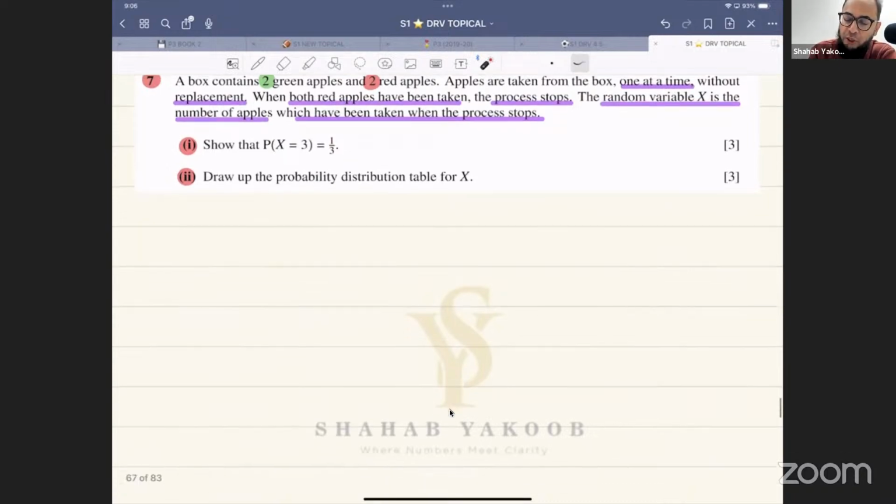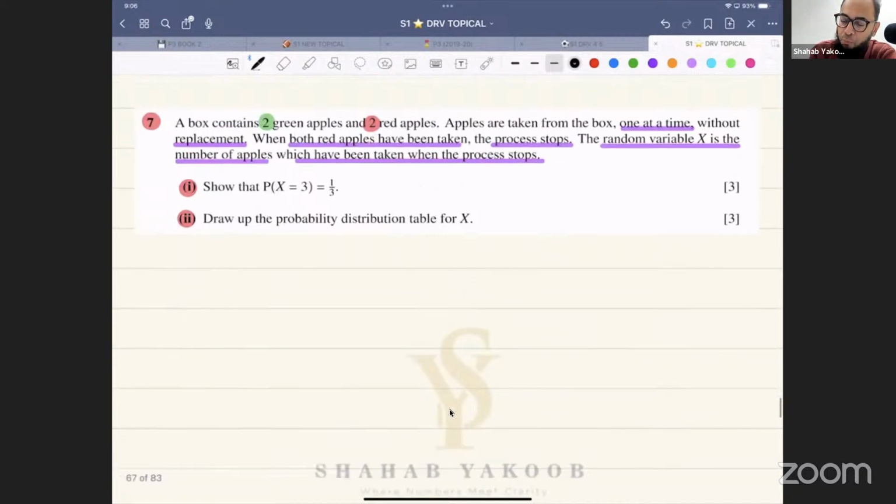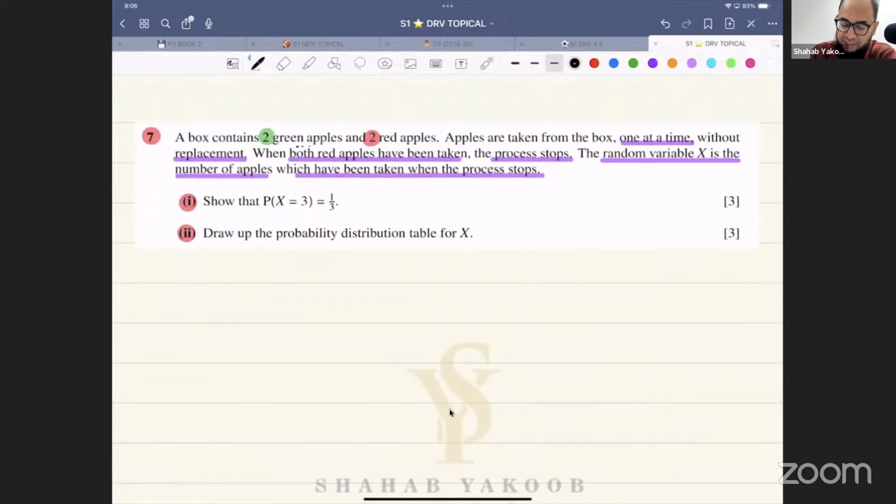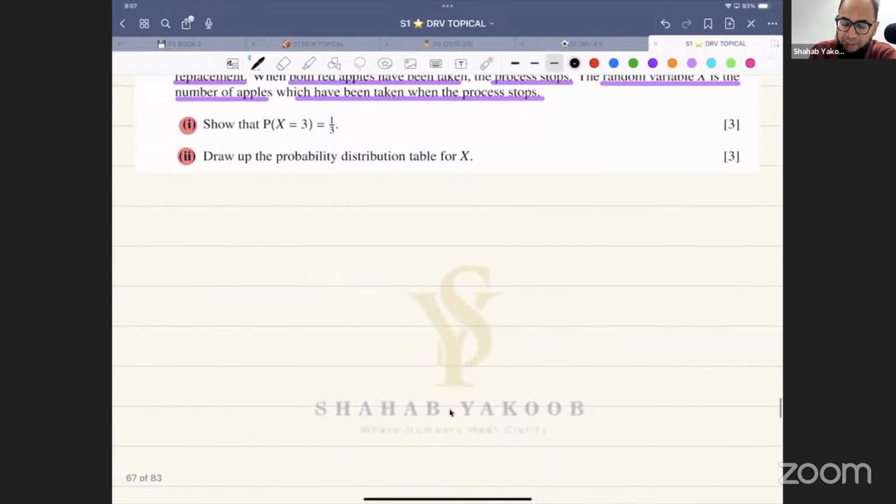Now, when we are talking about x, where x is the number of apples taken, the focus is that both red apples have been taken. That means if I write x is equals to 2, the scenario is that both red apples have been taken. So therefore, probability x is equals to 2 is this thing.